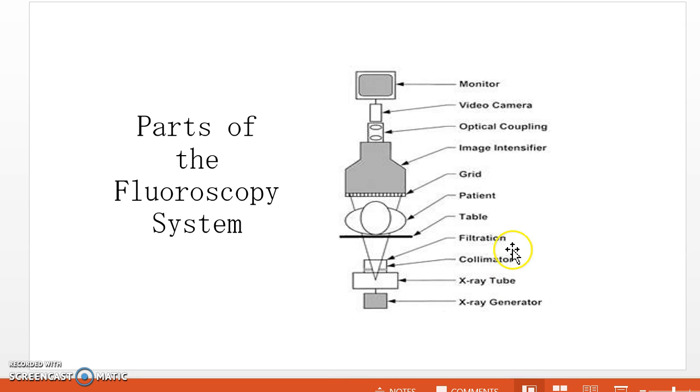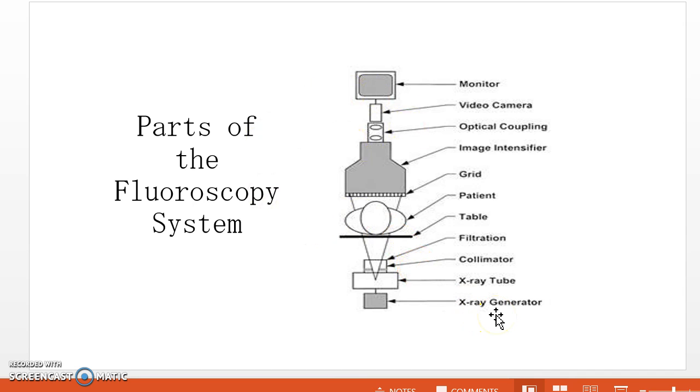That's why the grid is right here, because if there is a cassette that is needed, it is above the patient. And also under the table is the X-ray tube, which is different from your traditional X-ray system that is overhead, which could be moved around.